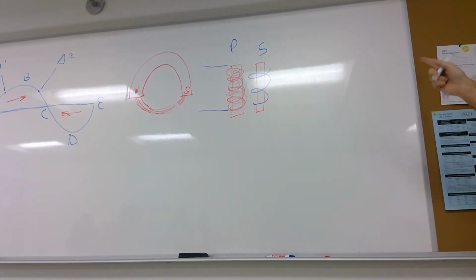Which electromagnet has more coils in it, the primary or the secondary? Primary. And the secondary has fewer coils, and this is called a what type of transformer? A step down.